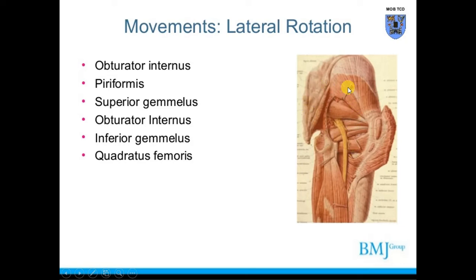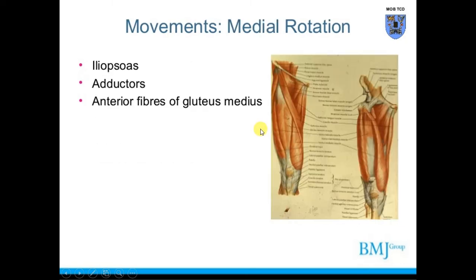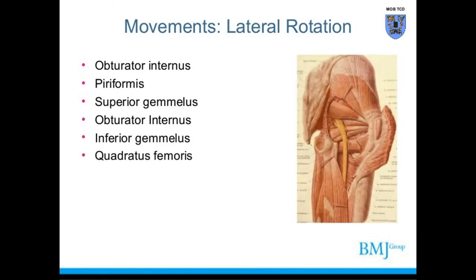So posteriorly are the lateral rotators; anteriorly are the iliopsoas, adductors, and the anterior fibers of gluteus medius, which are the medial rotators. They are important in some functions during walking. They play a very important role, although they are not as important as the other muscles.